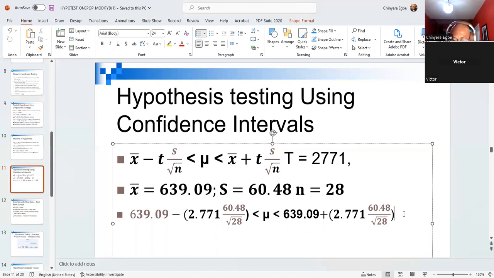I wasn't sure we used the 639 or the 700. No, you use the sample mean because remember that you are testing for 85% of 700. Okay. And so when you do that arithmetic, 60.48 over the square root of 28. Give me a minute.